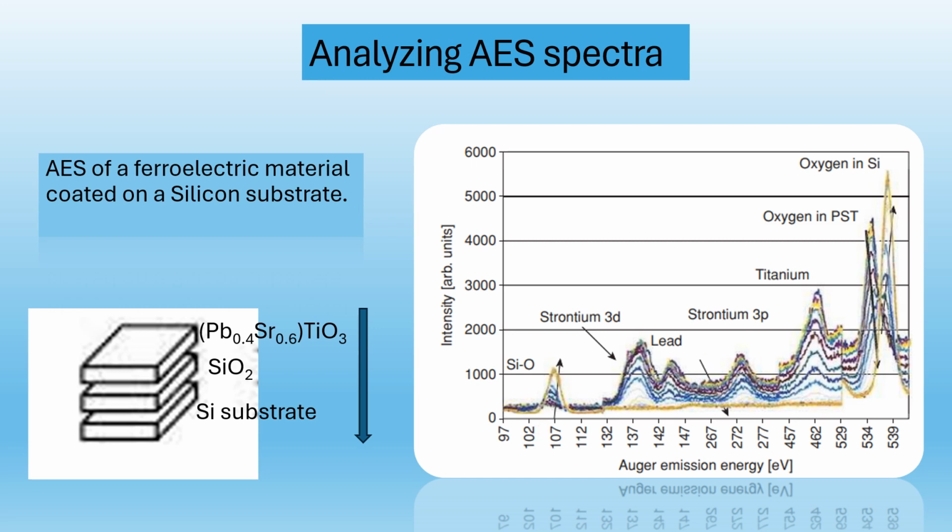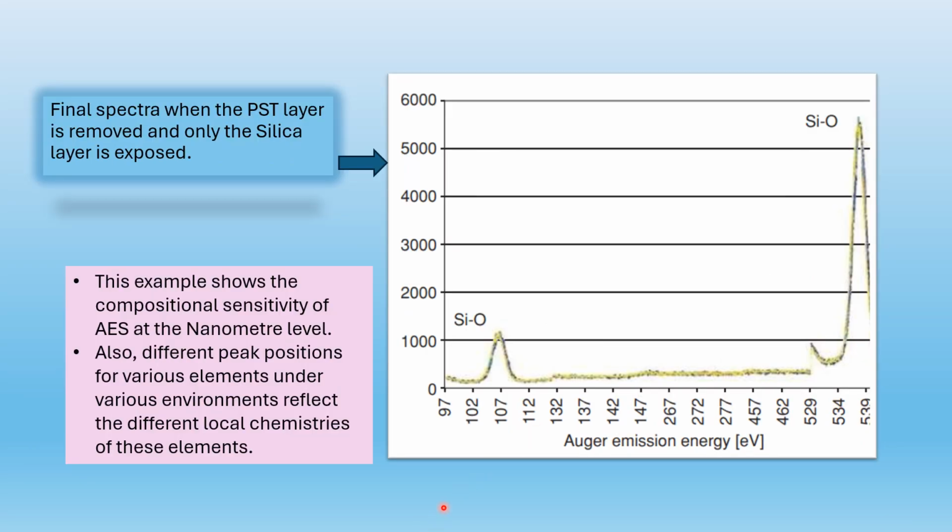With further ablation, the PST peaks disappear entirely, and we are left with only the peaks of SiO2 in a different environment. After penetration, we are only left with the peaks of SiO2, the substrate, and the silicon substrate.